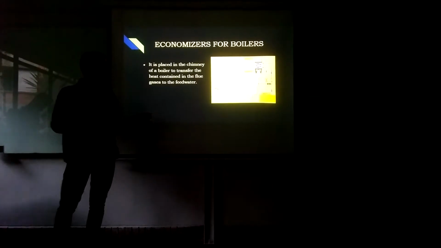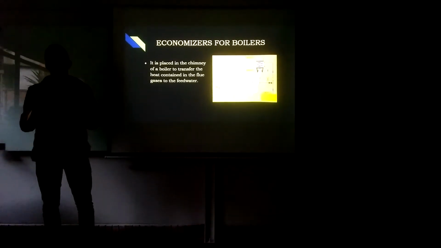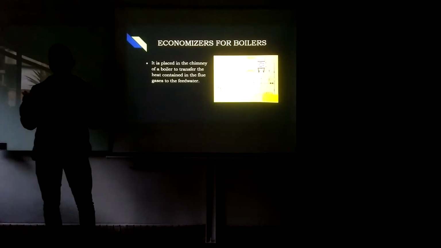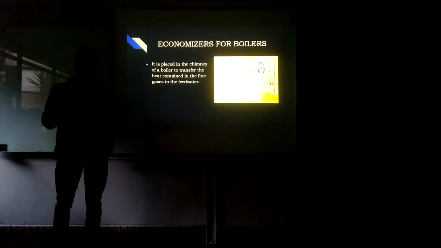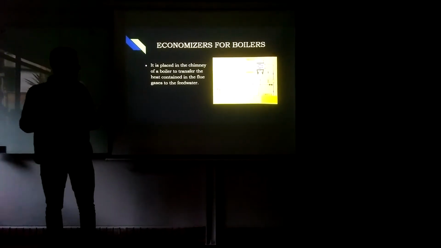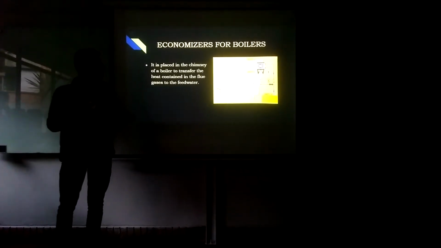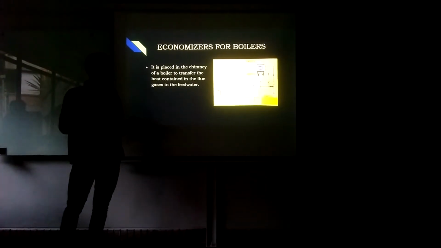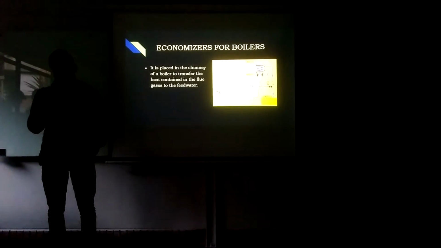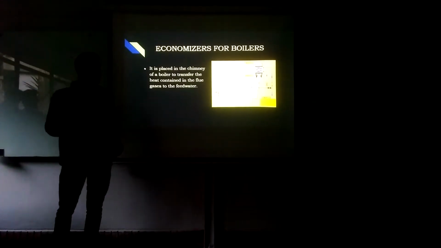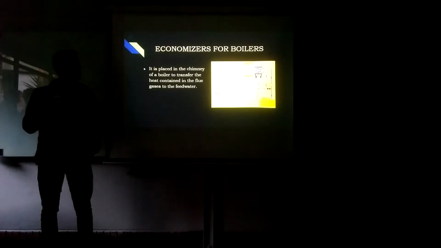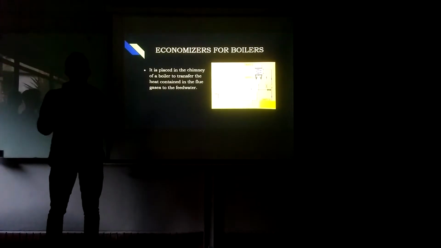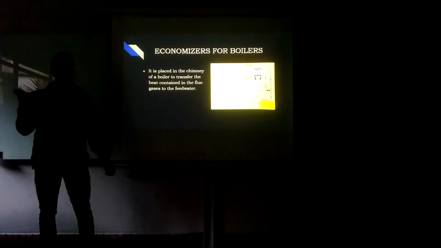Basically, what the economizer does is decrease the temperature of the gases to between 190 Celsius and 113 Celsius. In this case, the economizer decreases the temperature from 216 Celsius to 130 Celsius. The advantage is that the thermal shock in the feed water decreases because the water temperature is increased.